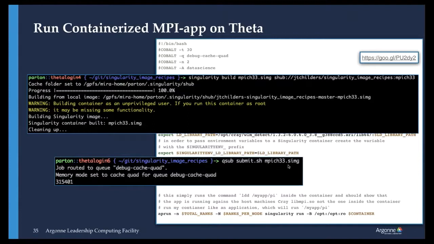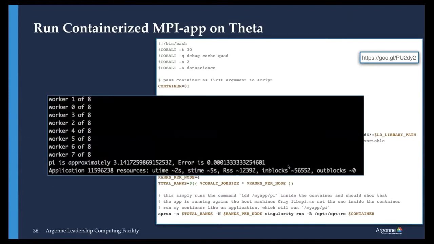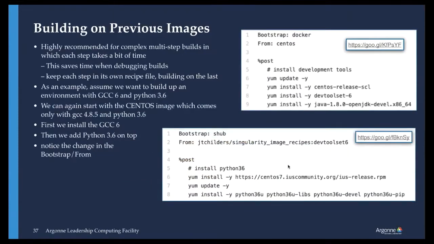And then we specify the Singularity container for the script. And you would see in this case, in the Singularity recipe, I had copied in an MPI-enabled calculation of pi. So you can see here we're running on 8 ranks across 2 nodes, so 4 ranks per node, and calculating the value of pi using the container.